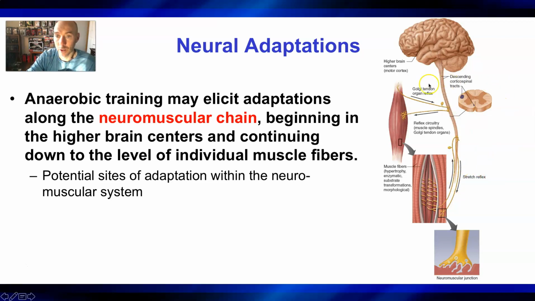On the other hand, the Golgi tendon organ reflex, which we said inhibits force production, the effects of the Golgi tendon organ are reduced through training. So we gain stimulation, we lose inhibition. The combined effect of that is greater rates and levels of force production.